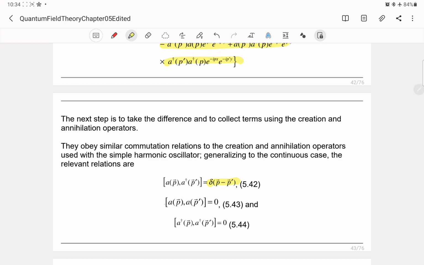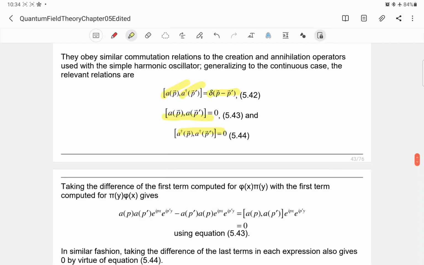By the way, the commutation relation between two annihilation operators is 0, and for two creation operators is also 0. You only have non-zero for the commutation relation between the annihilation and the creation operator.